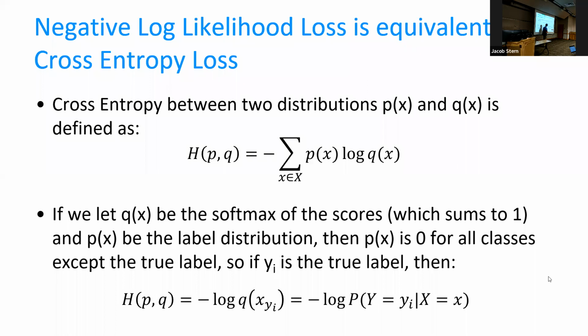We take the probability under distribution P multiplied by the log probability of that class under distribution Q. We sum over all classes and multiply the probability under P times the log probability under Q. And so we write this out.